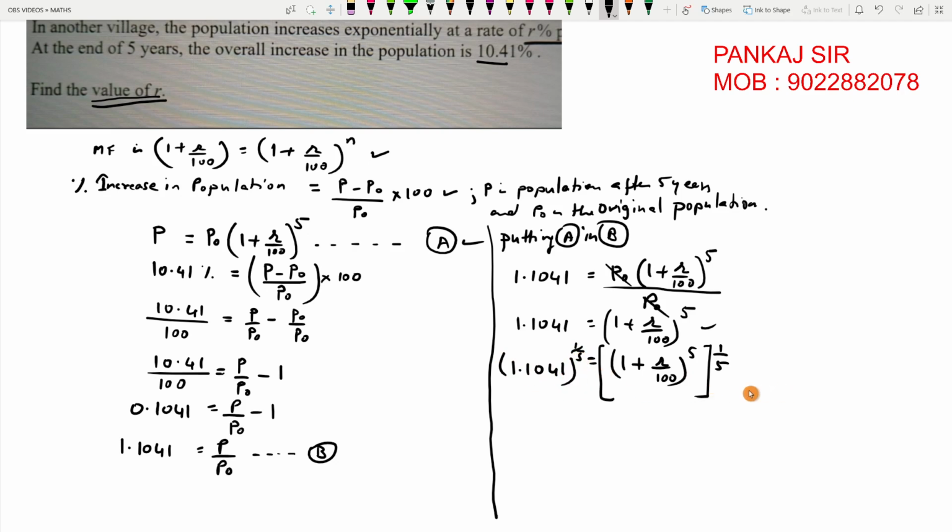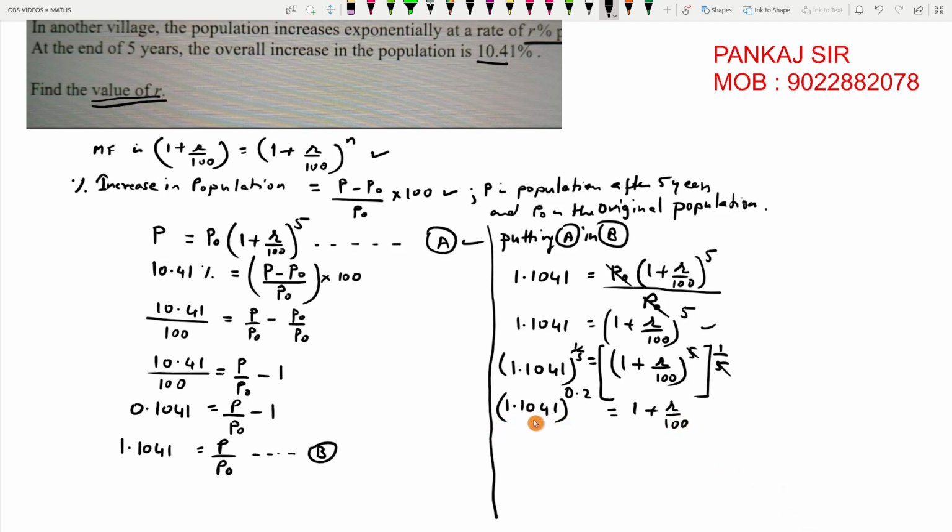To balance the equation, I have to do the same operation on both the sides. And this 1.1041 raised to 1 upon 5 can be written as 1.1041 raised to 0.2. And this will work out to 1 plus R upon 100. That's it. Okay. This 5 and 5 will get cut. Okay. So far I have reached.